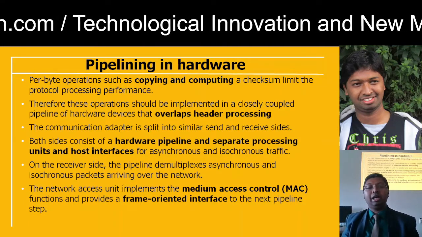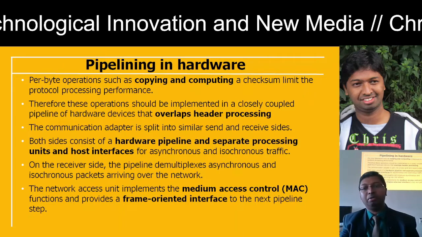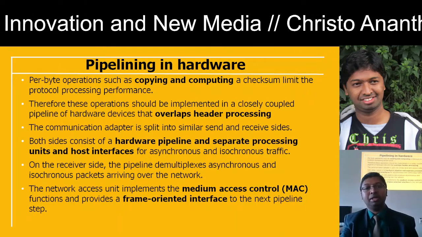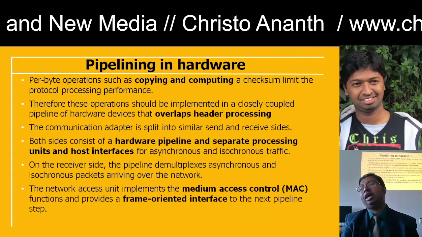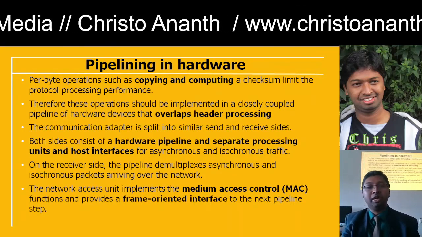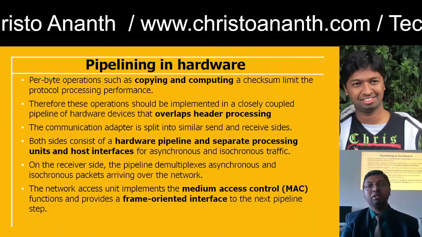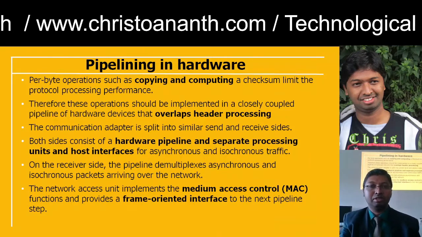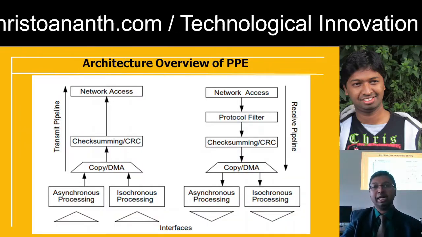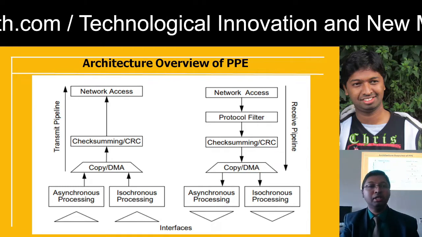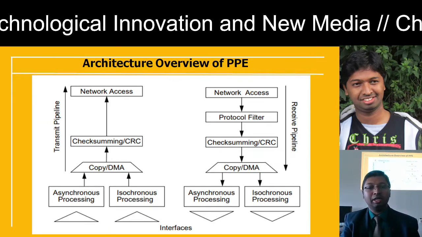So here we will have the network access unit. We will be having MAC, medium access control, and for the frame service you are going to have a frame oriented interface for the pipeline services. So this is the architecture of the PPE. Here you will have the interfaces.